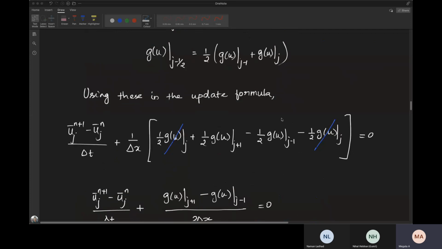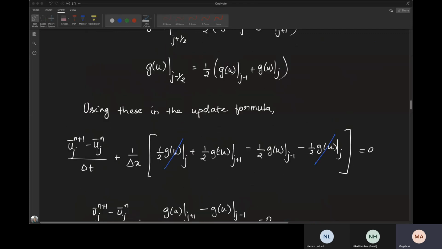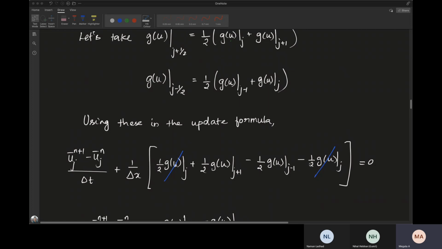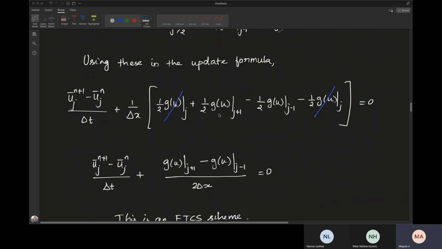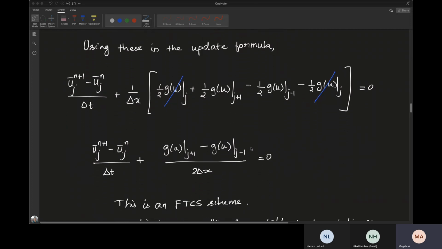So here I've substituted these quantities: instead of g at j+1/2, I've substituted this expression, and instead of g at j-1/2, I've substituted this. Now these two quantities will go off and you'll have something like this. This is actually an FTCS scheme, right? This is forward in time and this is central in space.